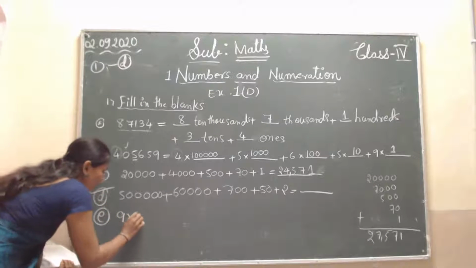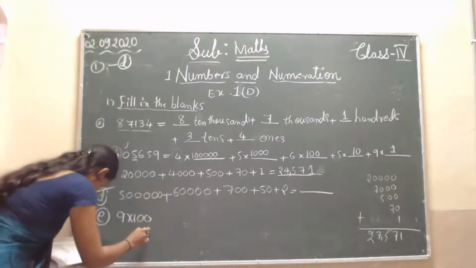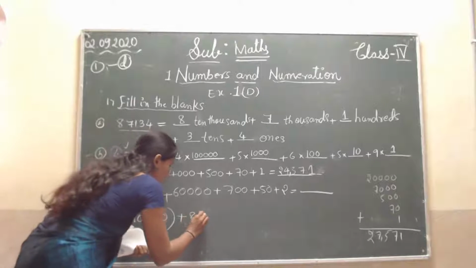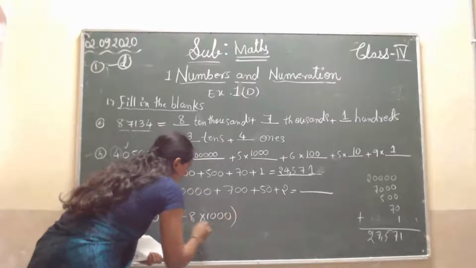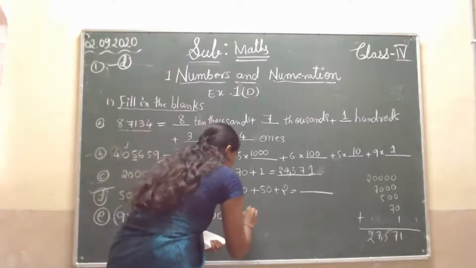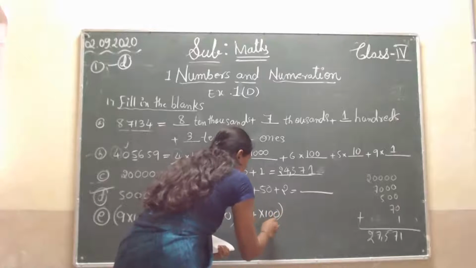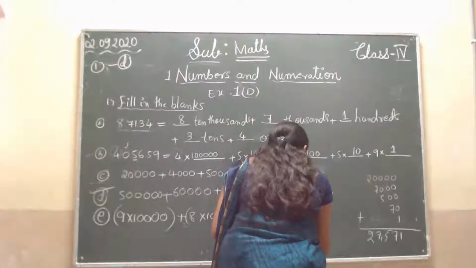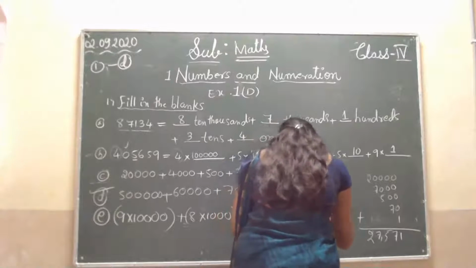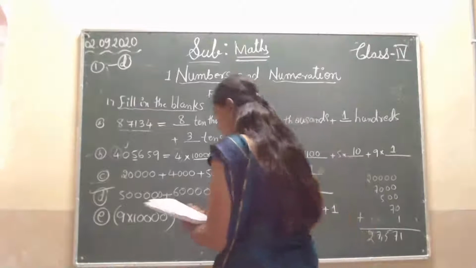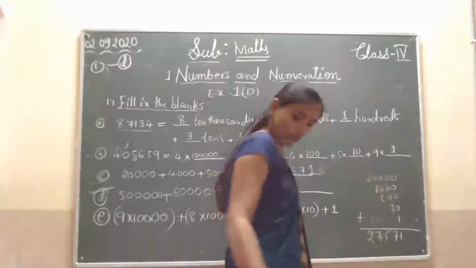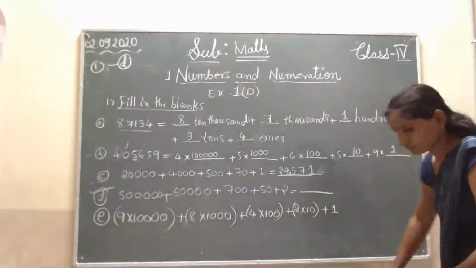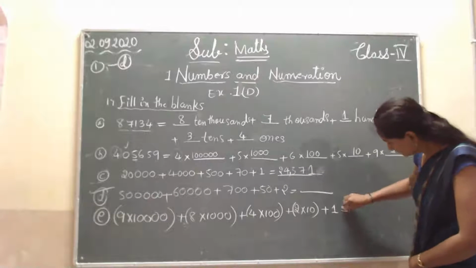That is 9 into 10,000 plus 8 into 1,000 plus 4 into 100 plus 2 into 10 plus 1. So next you have to fill the dash. This is equal to dash.